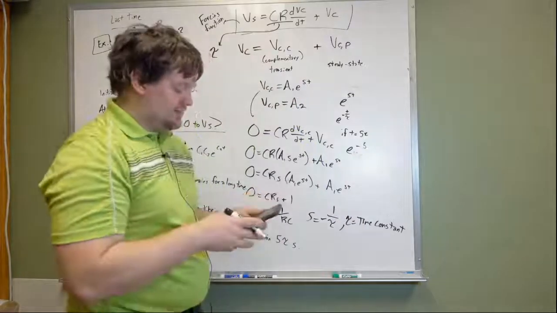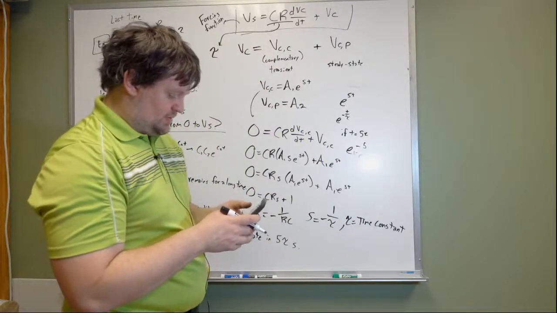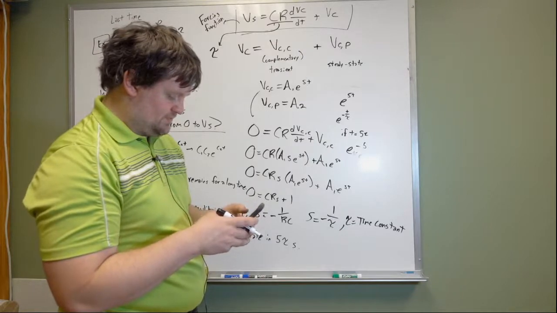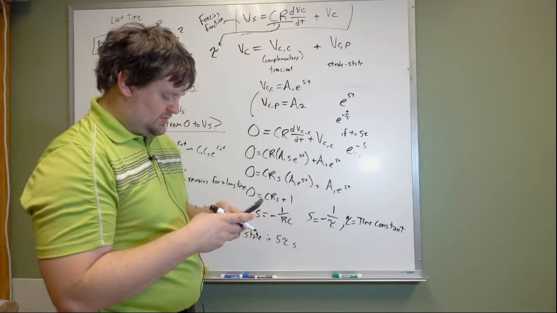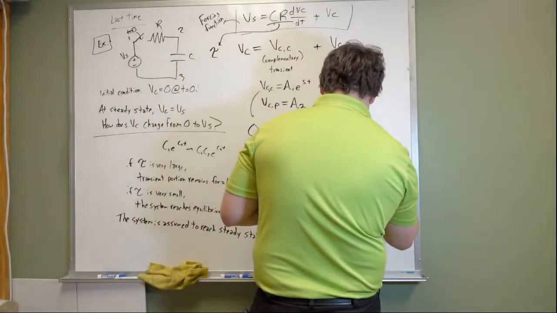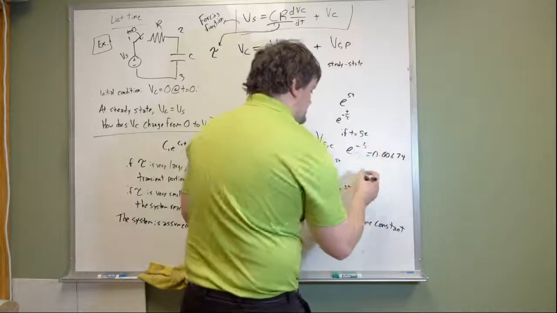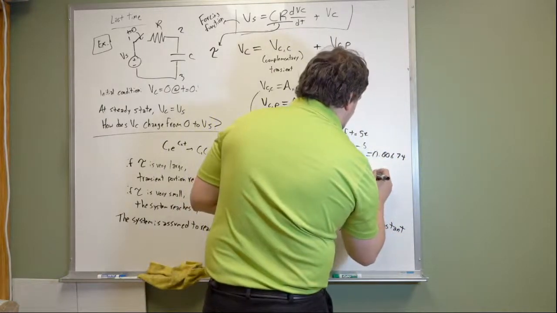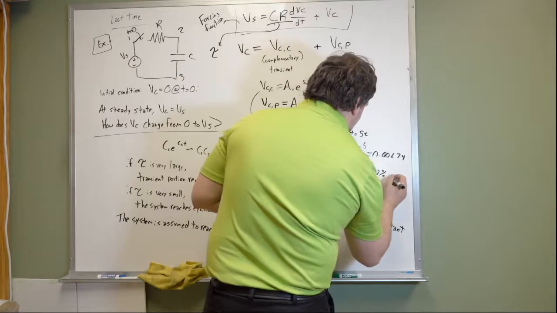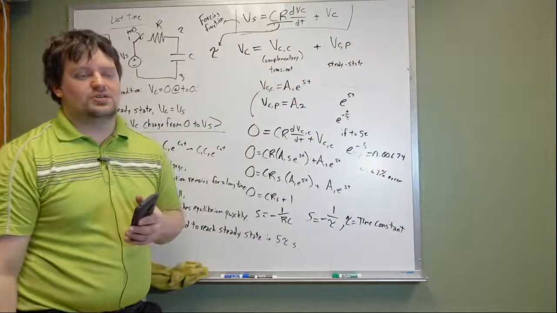Now e to the negative 5, if I just do that calculation quickly, is equal to 0.00674. Basically what that means is you'll have a 0.67% error by assuming that at 5 tau it reaches equilibrium.